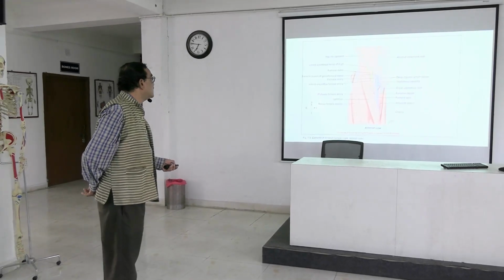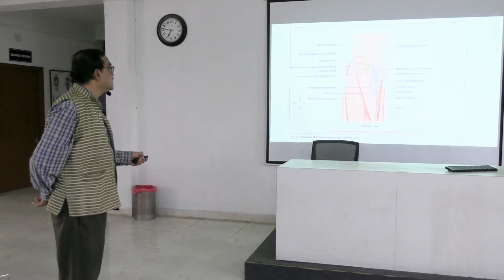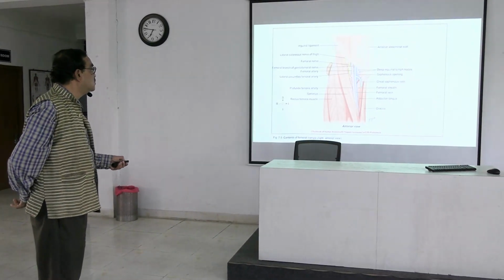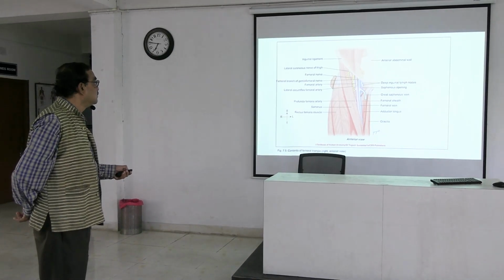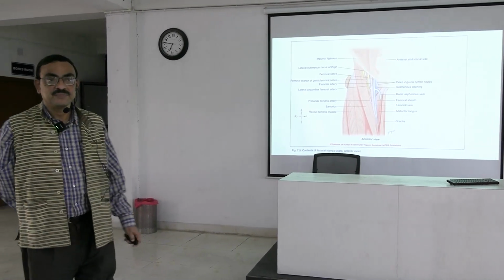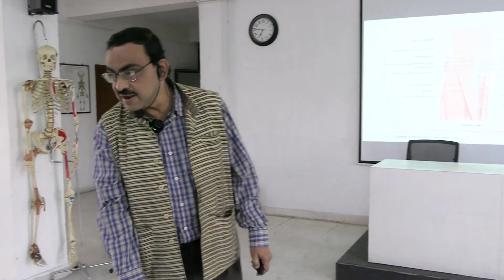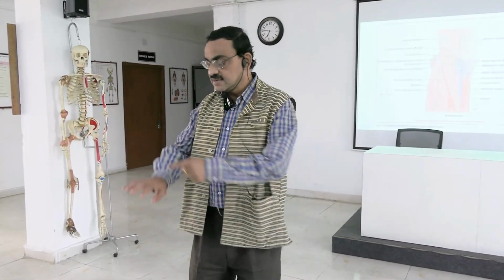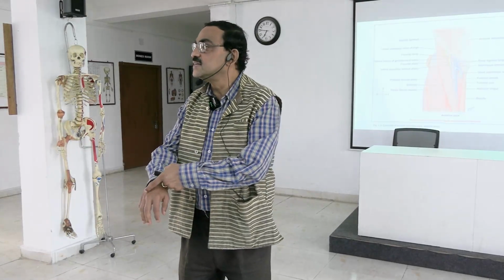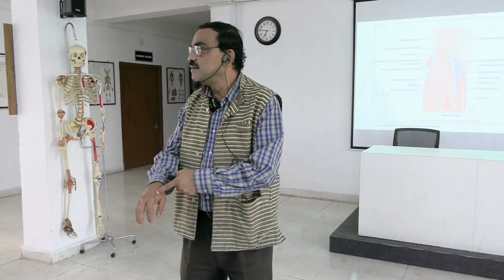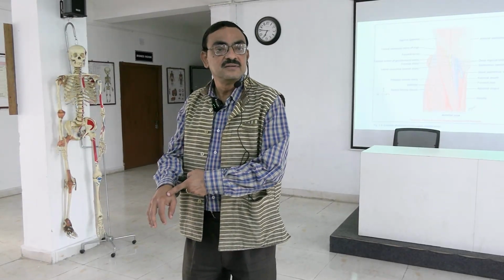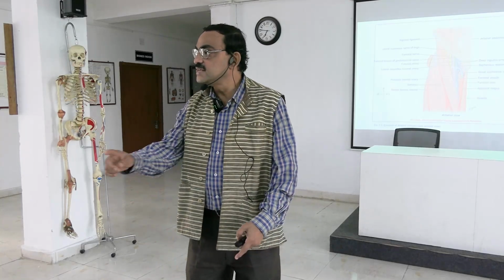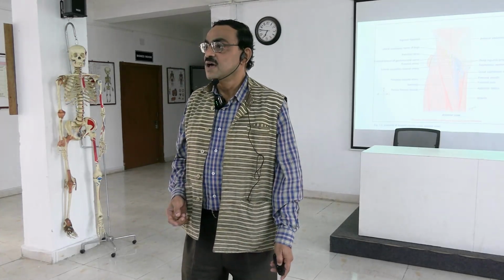In this figure, we can also see the great saphenous vein ultimately drains into the femoral vein. Actually, the great saphenous vein is continued from the venous arch. We have seen the venous arch in the dorsum of the hand. So in the dorsum of the foot, there is another venous arch.